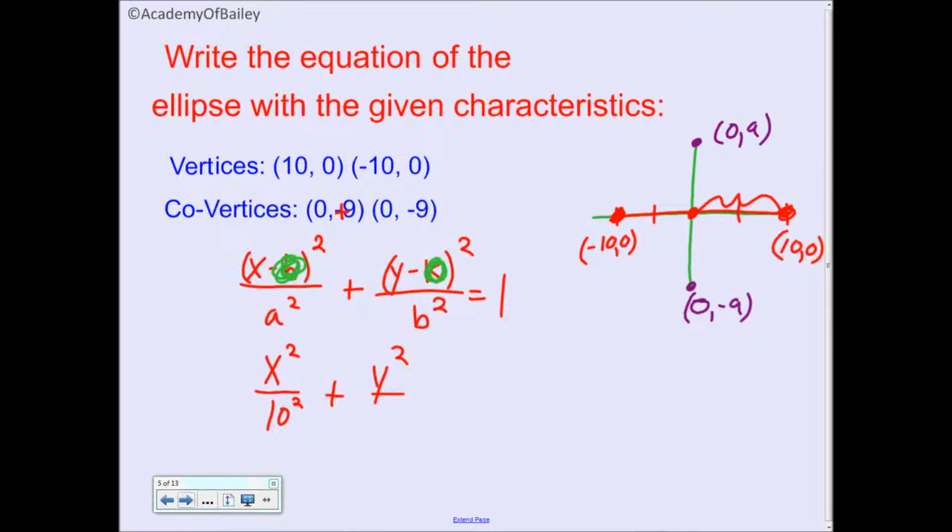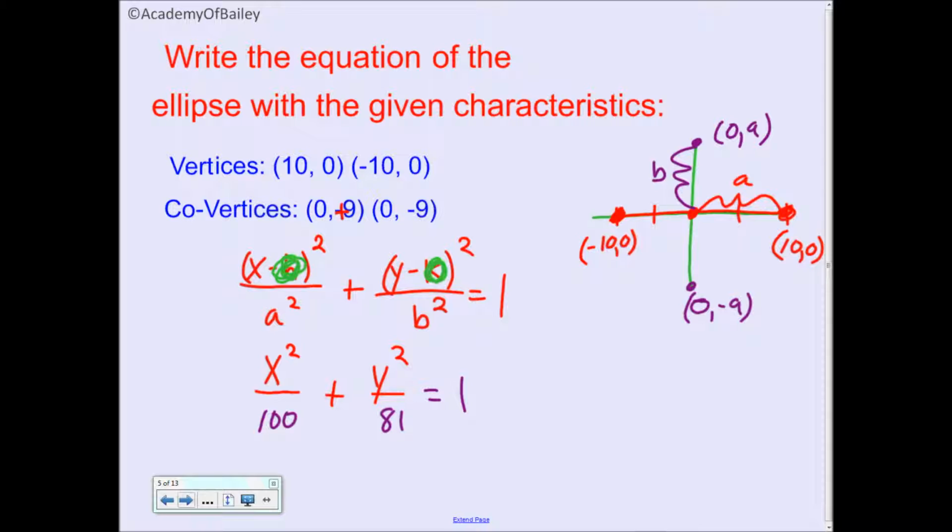So then this is the co-vertices, and this distance is b. And so b is going to be 9, and so we're going to put 9 squared on bottom. What's 9 squared? That would be 81. What's 10 squared? That would be 100. And that's equal to 1.